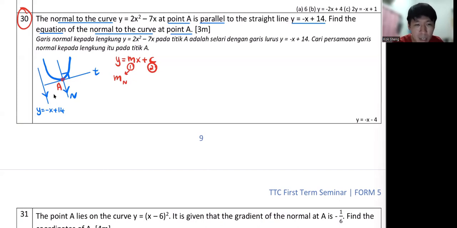You know these two are parallel, right? They have the same gradient. Y equals mx plus c, so the m here is -1.